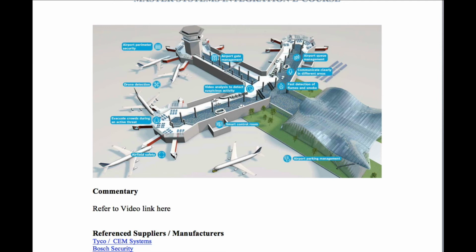So this could be a zone for fire, this could be a zone for fire, this could be a zone for fire, and the main terminal and parking could be a zone for fire. So why is that important? Well, if you have a fire here, those people have got to get out of the building.